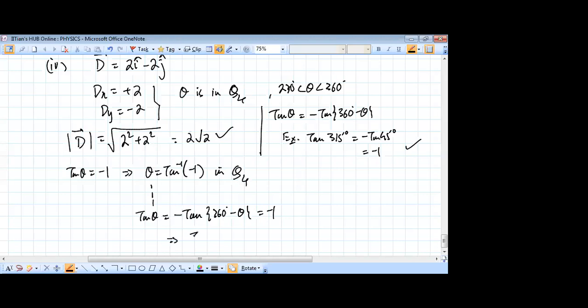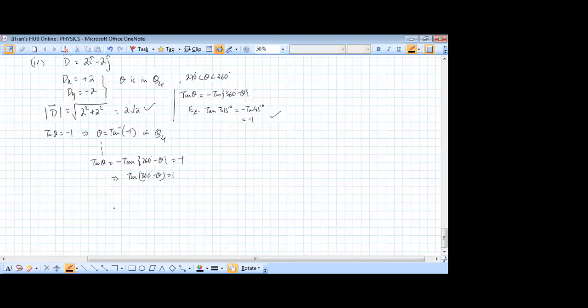So that means tan of 360 minus theta is 1. So that further means that 360 minus theta is 45 degrees. So that means theta must be 360 minus 45.